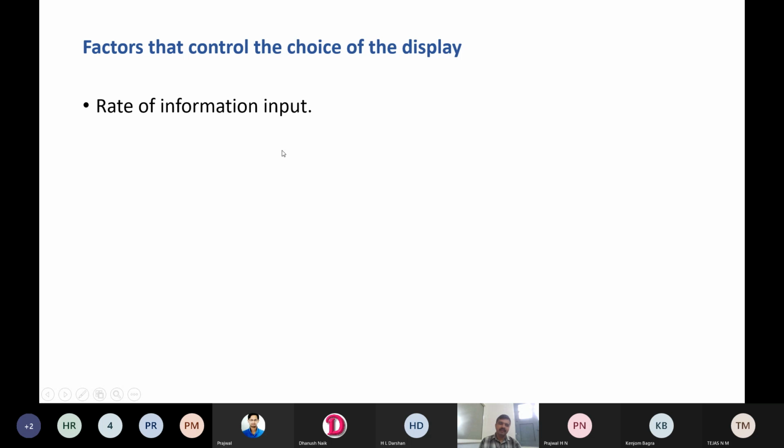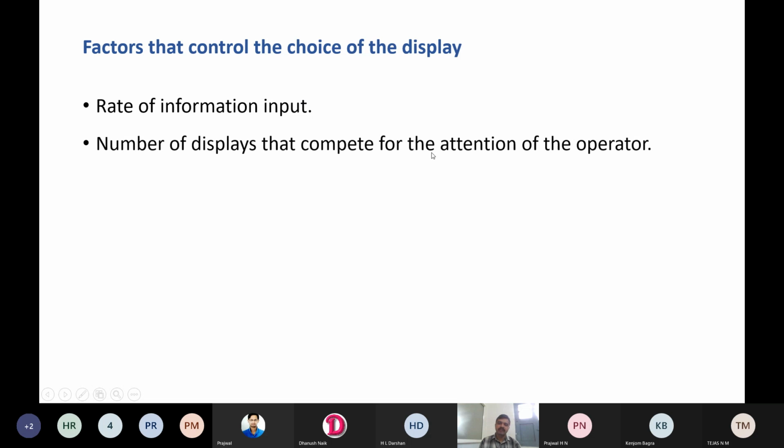Okay, so again, depending on the rate of information input, you will decide which type of display should be chosen. Next, the number of displays that compete for the attention of the operator. If you look at the displays in an aircraft, in some cases the pilot has to look into many displays.